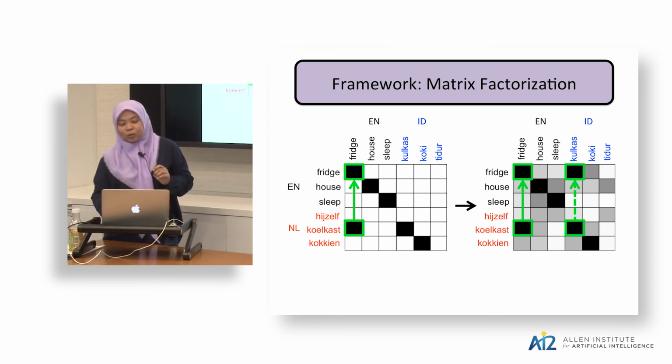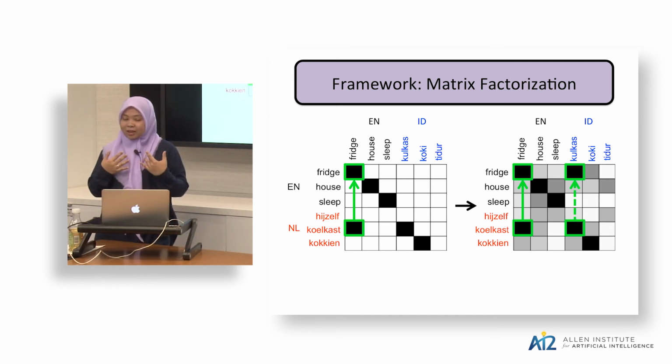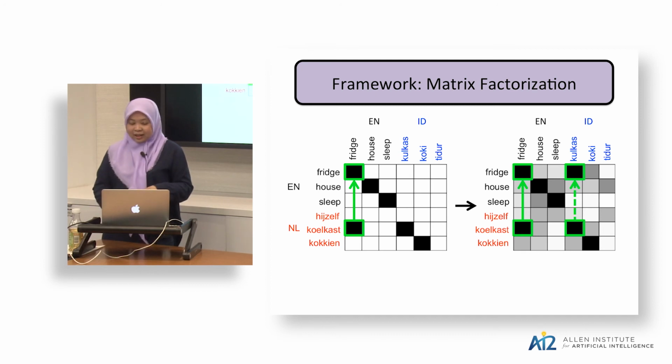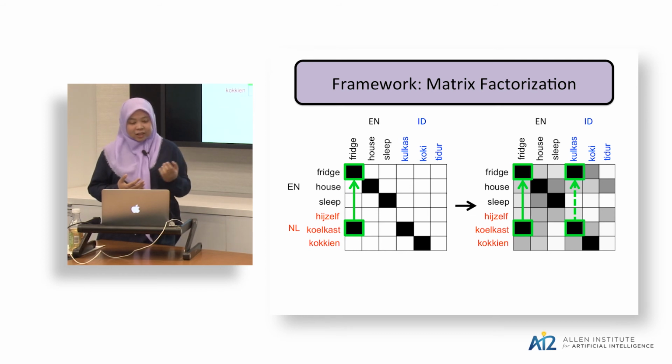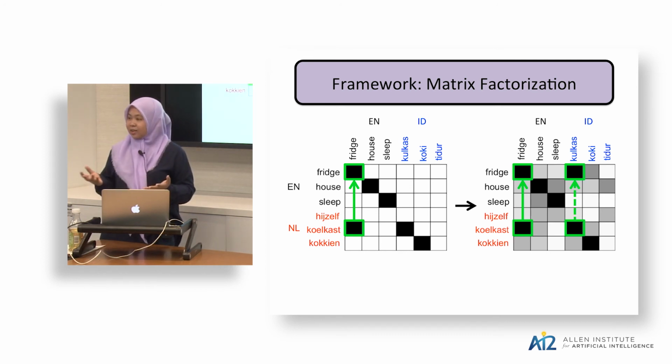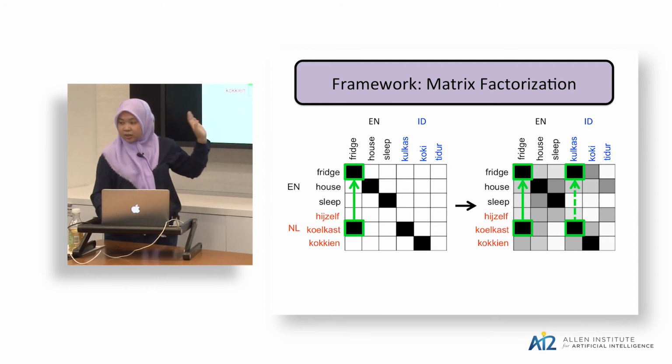And in this work, we want to propose a new framework to combine all this information using matrix factorization, which has been shown to be quite effective in the area of relation extraction to combine noisy distant signals. In this framework, we treat the words in English as rows and the words in the foreign language as columns, and we populate it with observed translations.